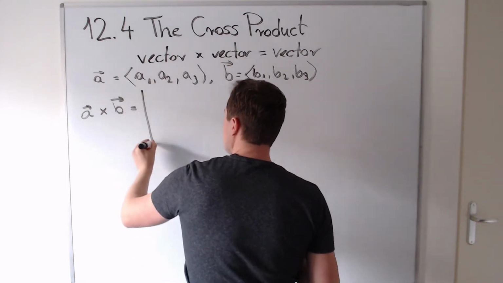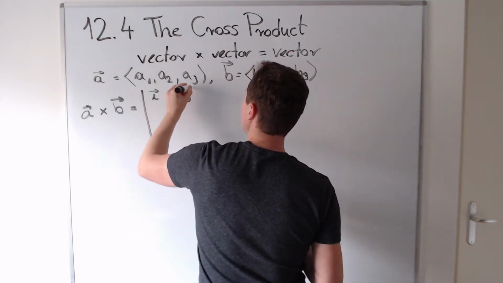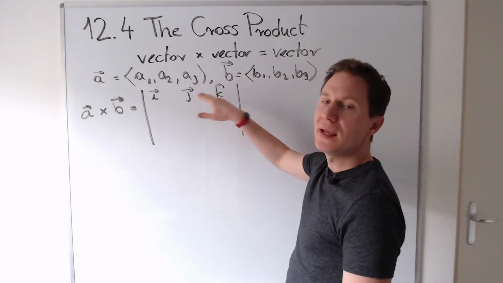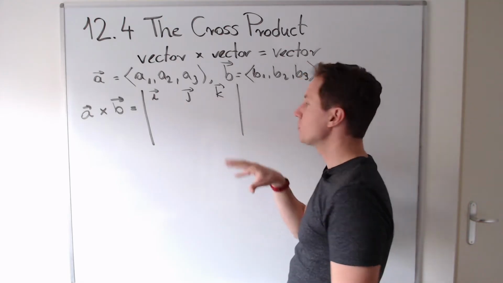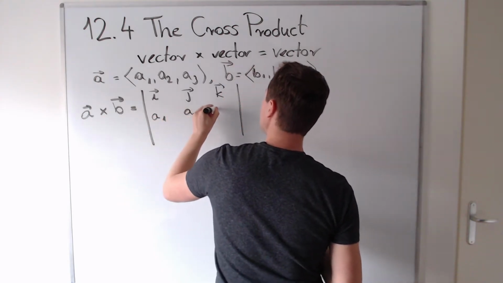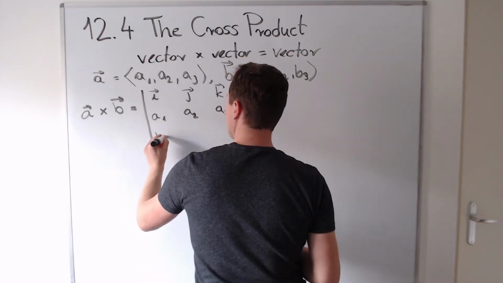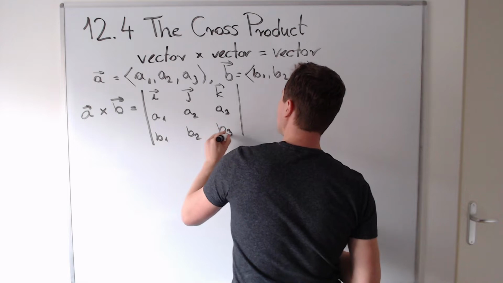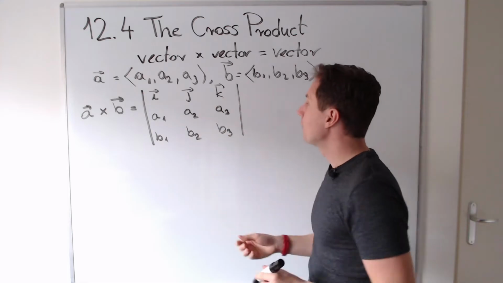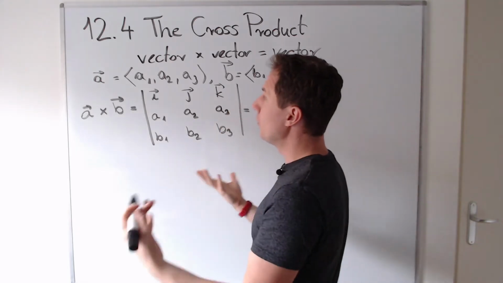For vectors, it's easiest to remember how the cross product is computed using a 3x3 determinant, where you put the basis vectors i, j and k in the first row, you put the first vector's components in the second row and the second vector's components in the third row of the determinant, and then you simply evaluate this determinant to get the linear combination of i, j and k and the components of the cross product.